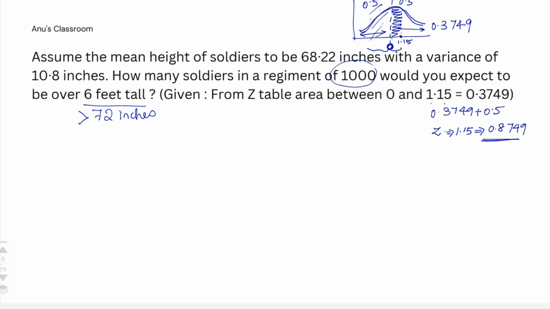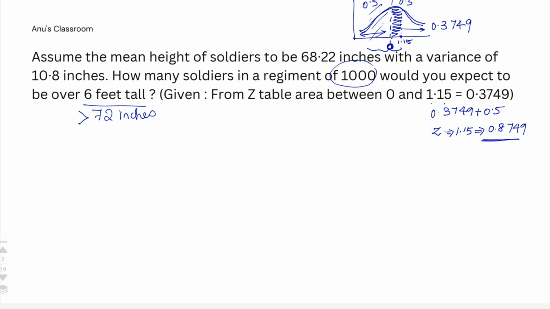Now, we need to find the number of soldiers in the regiment of 1000 whom we expect to be over 6 feet tall. That means we need the probability that a person will be over 72 inches. If you take one person, what is the probability of that person being greater than 72 inches?